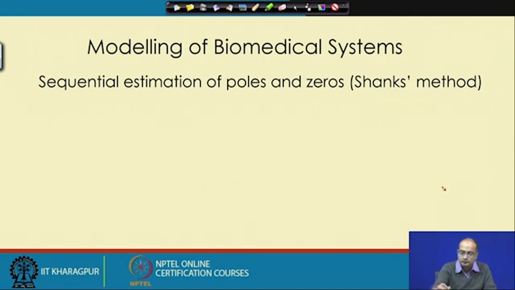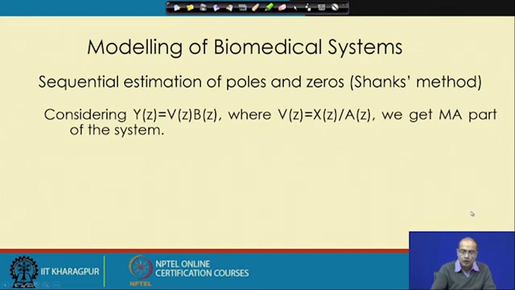what we do, that we compare YZ, or rather what we are doing, we are decoupling the two parts, that in the ARMA process one part is the MA part and one part is the AR part.